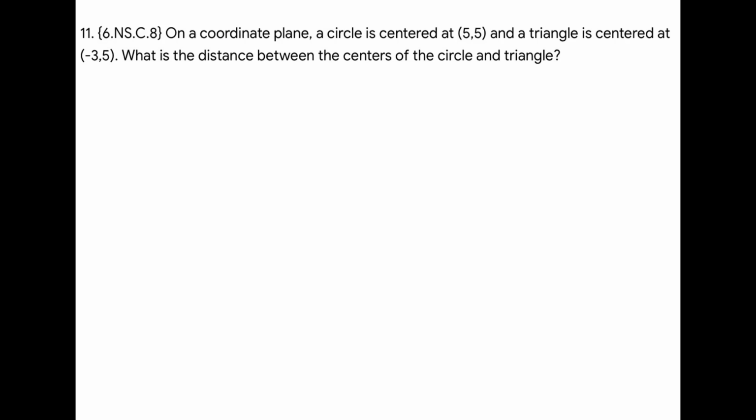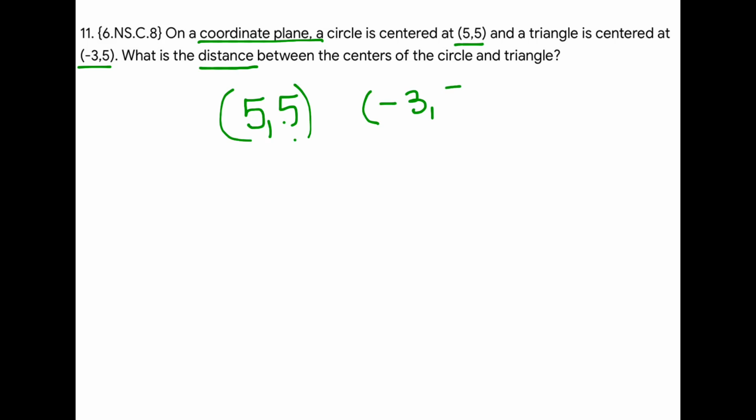On a coordinate plane, a circle is centered at 5, 5, and a triangle is centered at -3, 5. What is the distance between the centers of the circle and the triangle? We have 5, 5, and we have -3, 5.